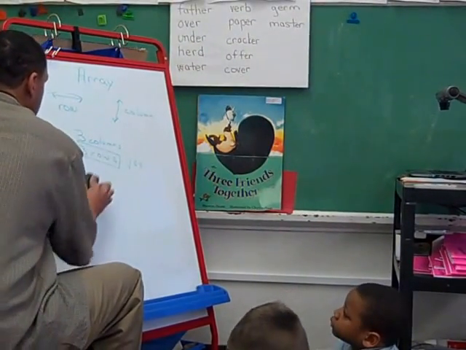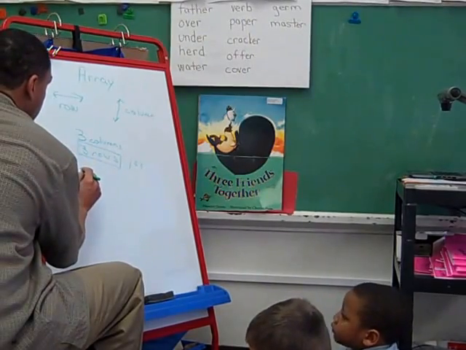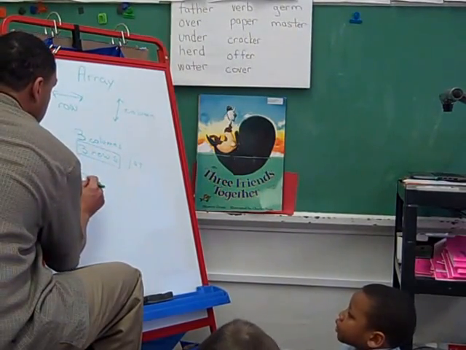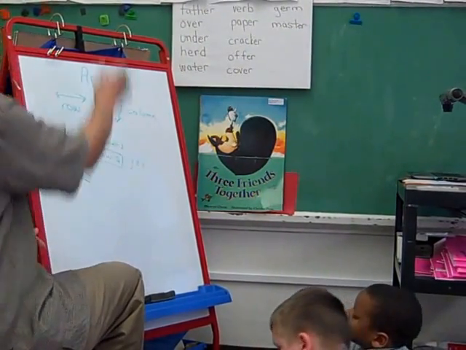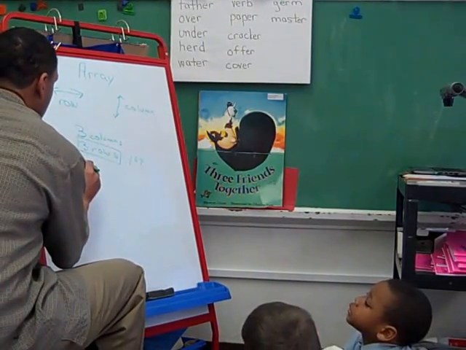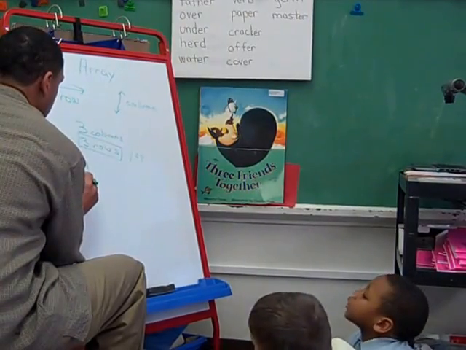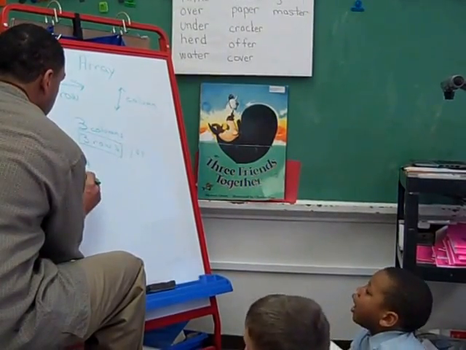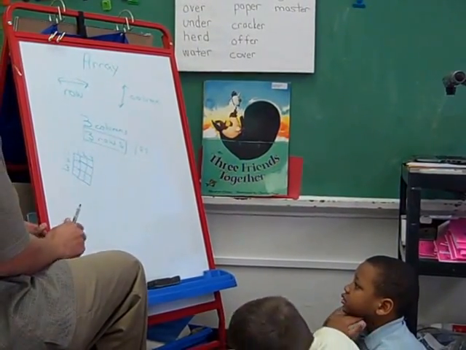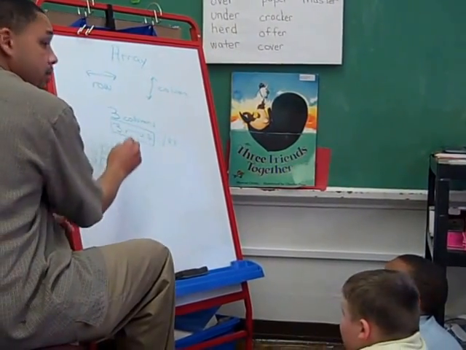Now I need 3 columns. I'm going to draw 3 boxes across the top because columns go which way? Straight up and down. Now I'm going to fill in the rest of my rectangle, because remember, that's our learning target. I have 3 rows and 3 columns.